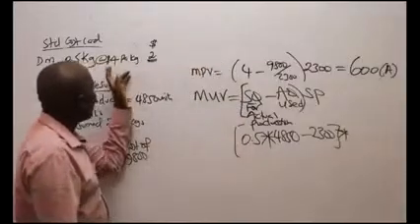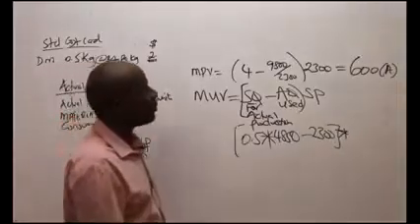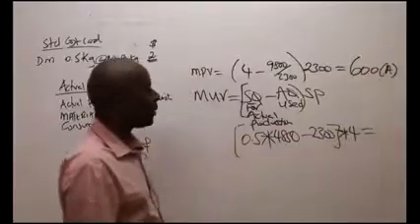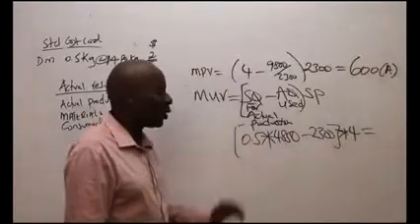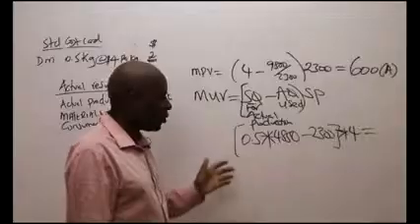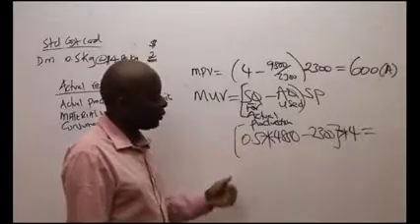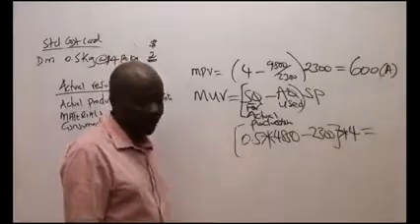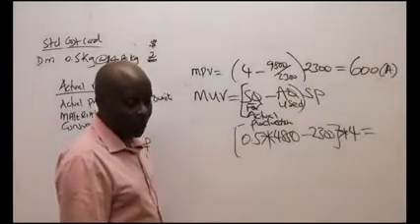The standard price per kilogram is 4. So then what you do, you get your calculator, you say open bracket, 0.5 times 4850 minus 2,300, close, times 4, please give us a figure.